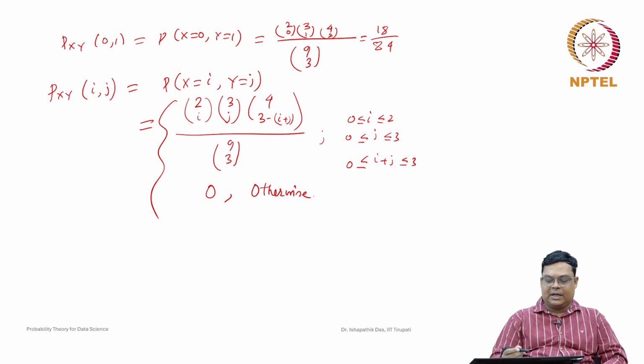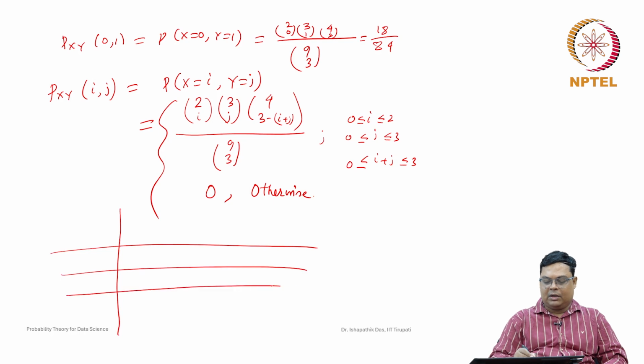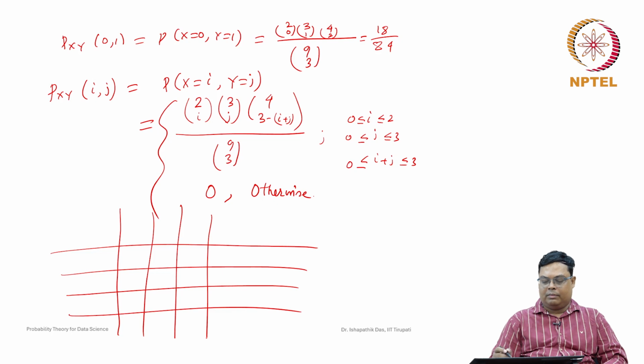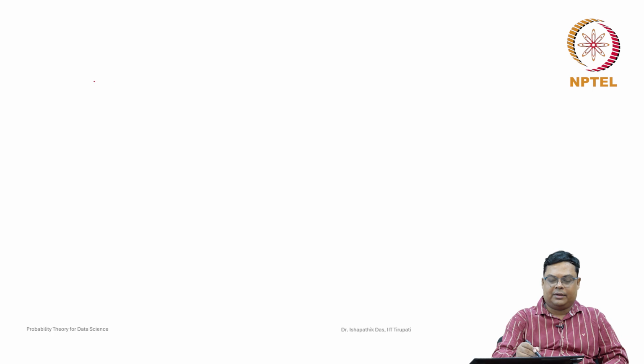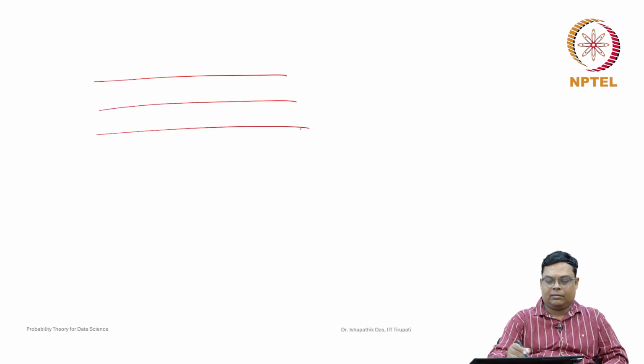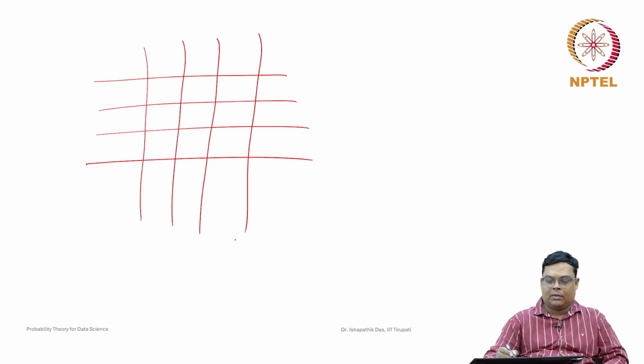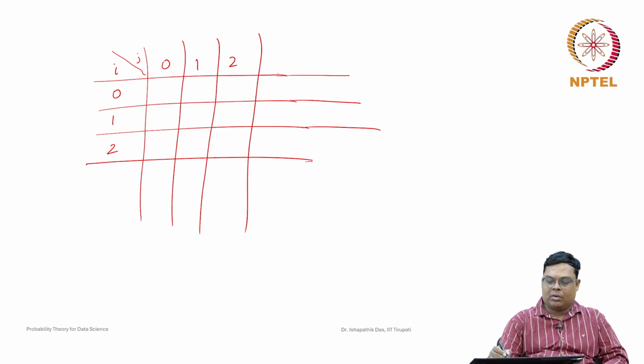Now let us represent this graphically as a table. Because there is less space, let us write here. Here this is i, this is j, with i as 0 1 2 and j as 0 1 2 3.